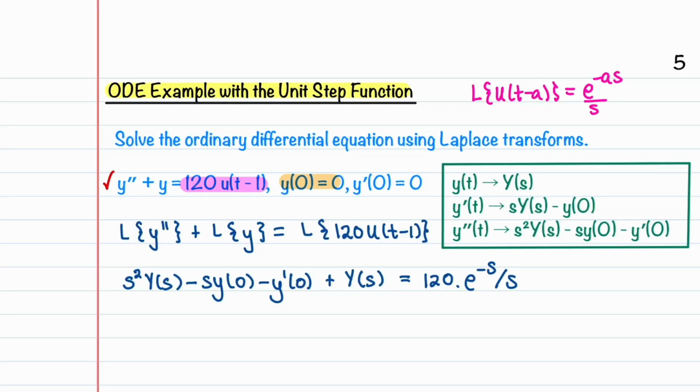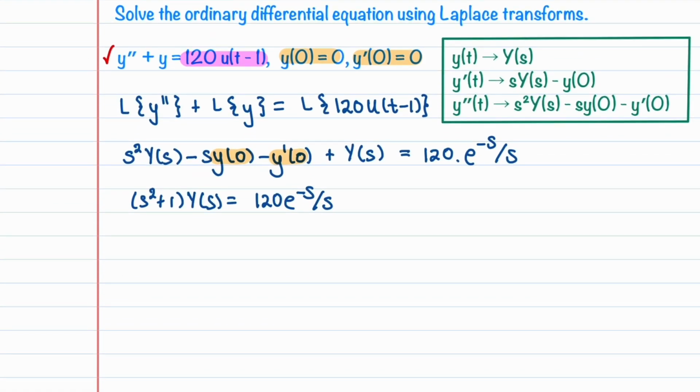Our initial conditions are equal to 0, so these terms are going to go to 0, and we can combine our capital Y of s, so we get s squared plus 1 times capital Y of s is equal to 120 e to the minus s all divided by s. Let's get capital Y of s by itself, and this gives us 120 e to the minus s all divided by s times s squared plus 1.